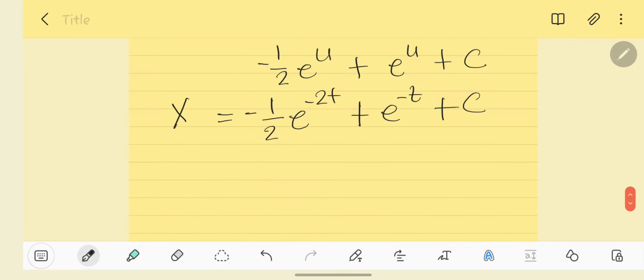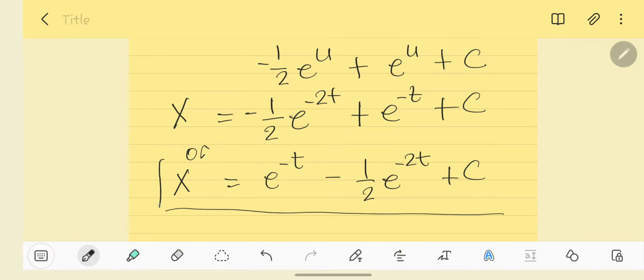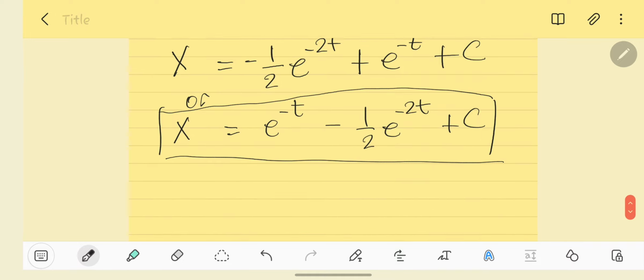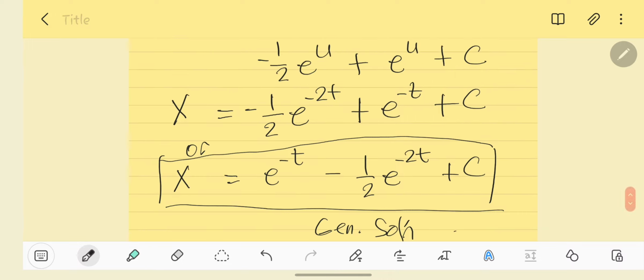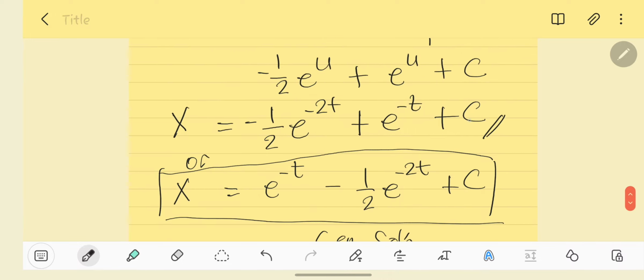So the general solution is x is equal to e to the negative t minus 1/2 e to the negative 2t plus c. So this is now your general solution.